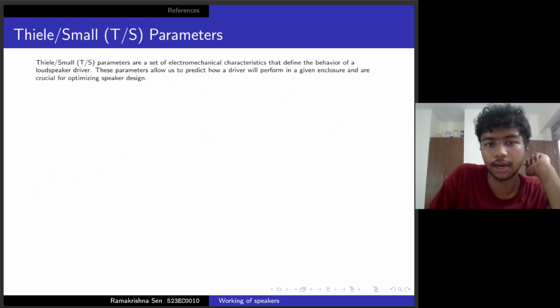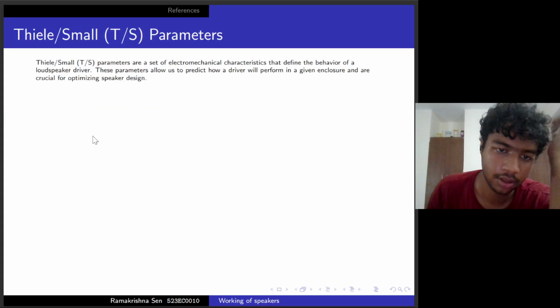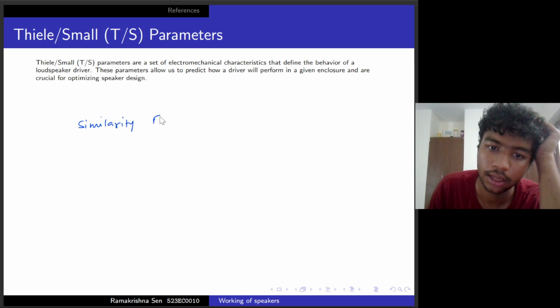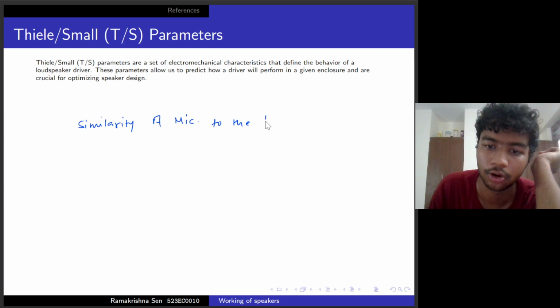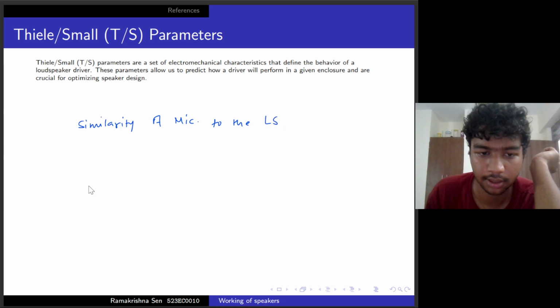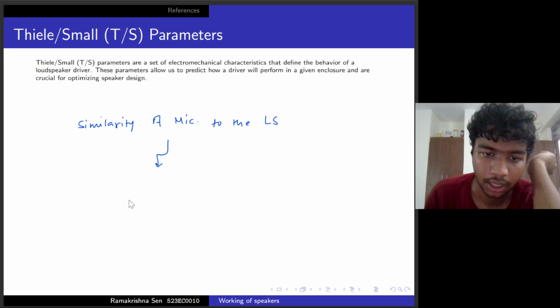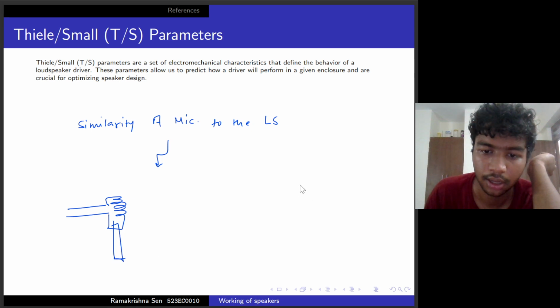I would also want to add one small topic over this, which is the similarity of the microphone to the loudspeaker. So as discussed, I'm just speaking on the general skeleton of it. As I said, the microphone was also a solenoid tied to a permanent magnet, and as is the loudspeaker.